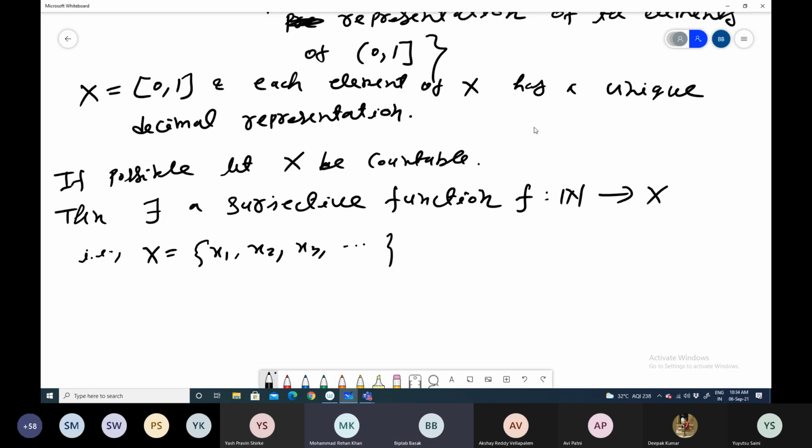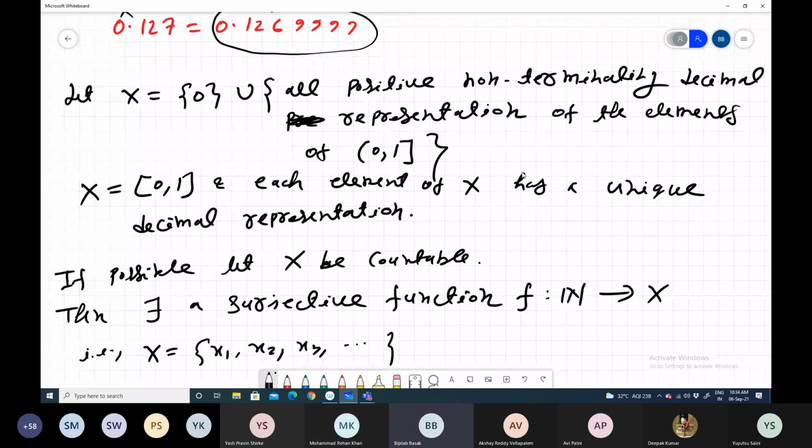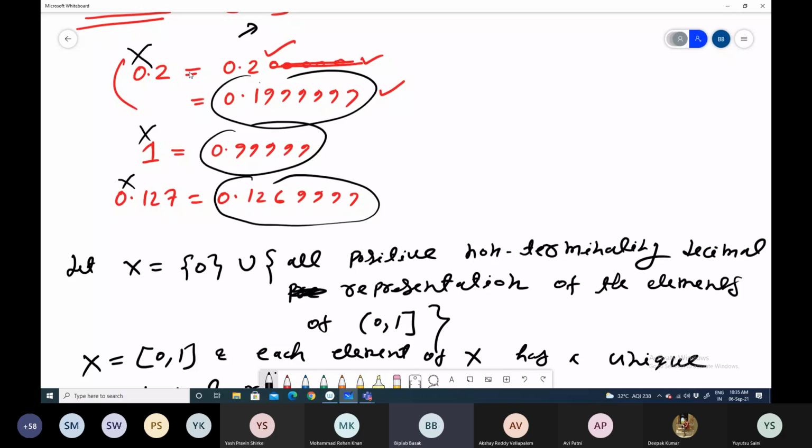Right, because what we want is one unique representation of the elements of [0,1]. You can see that if you look at all the terminating numbers, they have two representations. For an example, this is 0.2 and 0.1999..., exactly two.